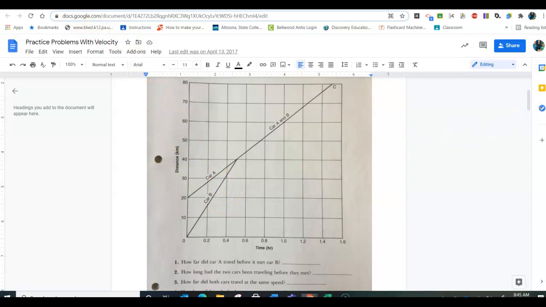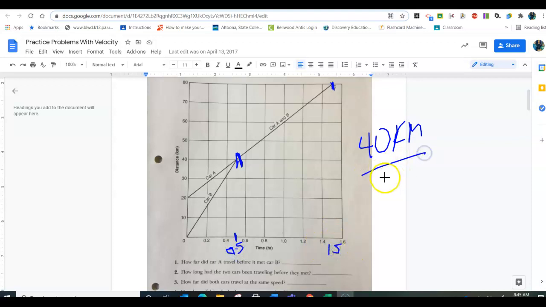So if you were looking, they travel from 40 to 80, which is 40 kilometers, and then it says how long did it take them to do that. So between 0.4 and 0.5, you're in here, 0.6, this is 0.5, and then it ended at 1.5.